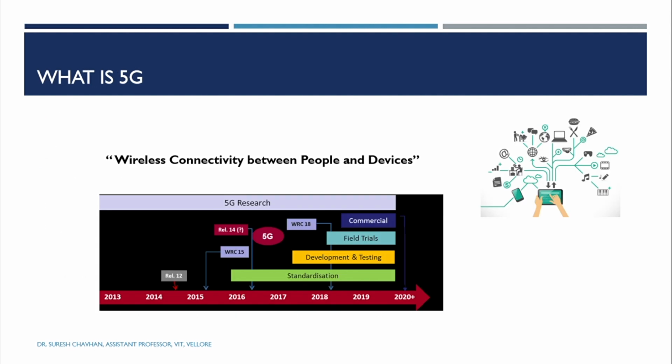Moving on to the next slide, what is 5G? 5G is a wireless connectivity between people and devices. Even 3G and 4G serve the same purpose. So what is the main difference between 4G or 3G and 5G? You can see in this figure on the right side there are many devices.